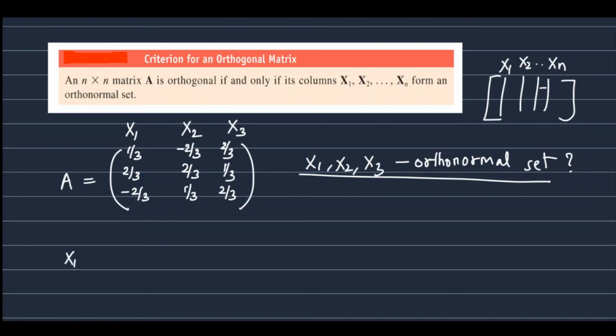For that we have to check the dot product x1 dot x2, which is defined to be x1 transpose x2. Now what is x1? x1 is the column vector 1 by 3, 2 by 3, minus 2 by 3.